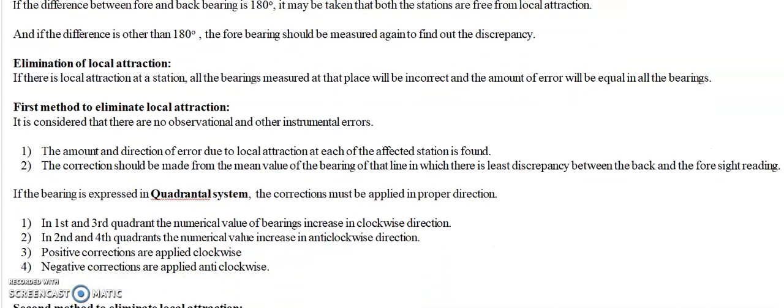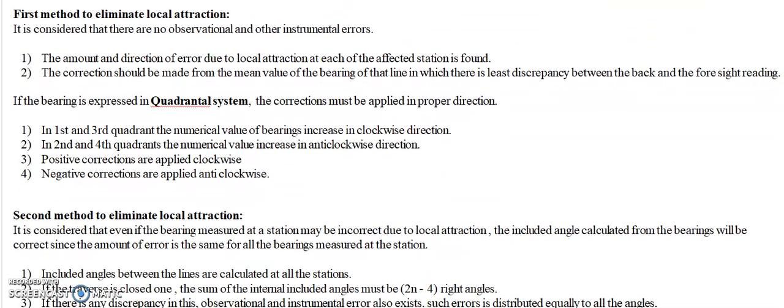Now let us learn the first method to eliminate local attraction. In this, it is considered that there are no observational and other instrumental errors. This is an assumption that stands true in this particular method.